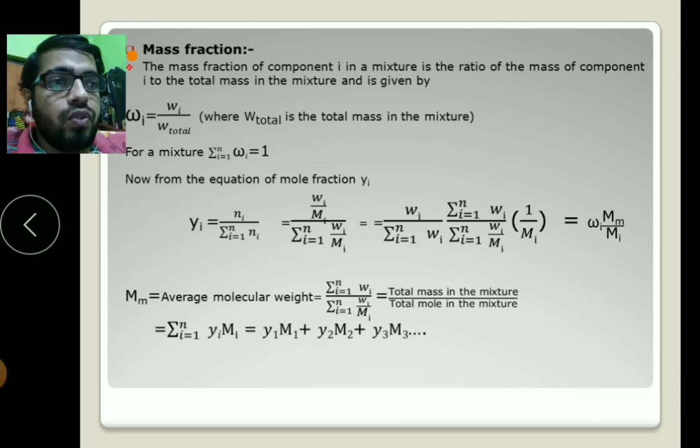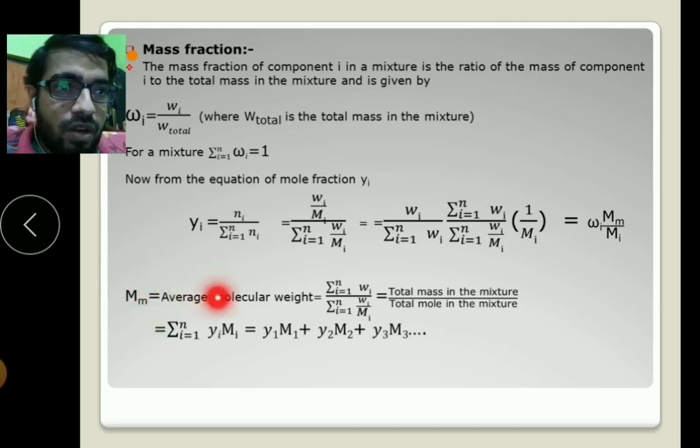So this term we are taking as the average molecular weight, and it is written as capital M. And Wi by summation of Wi is what? This is the mass fraction. So mass fraction, and mi remains mi.